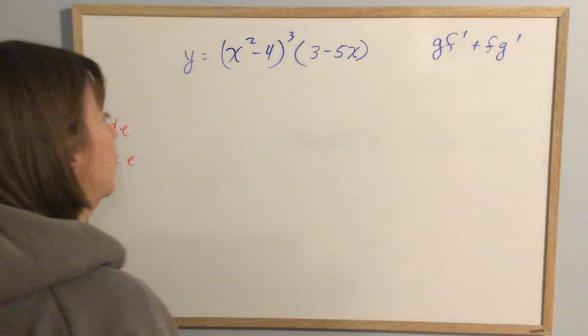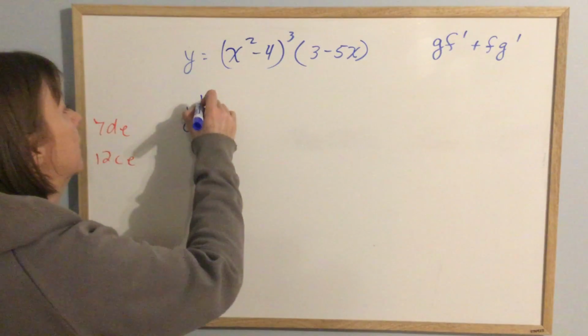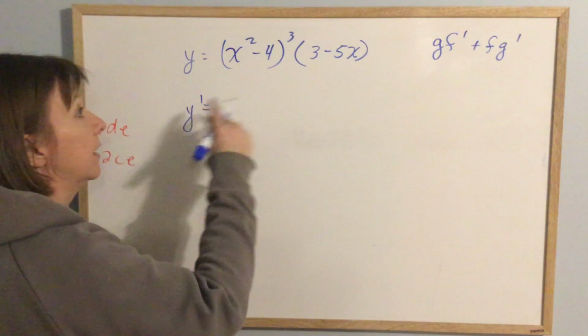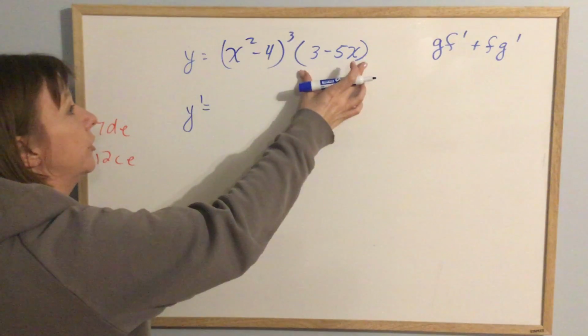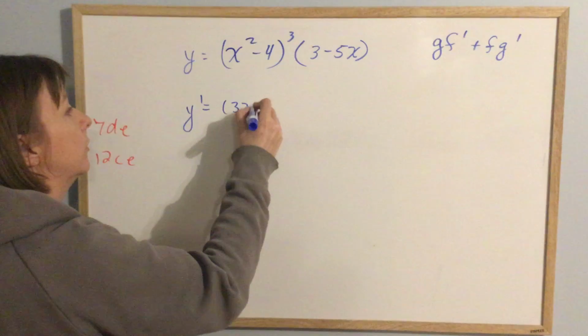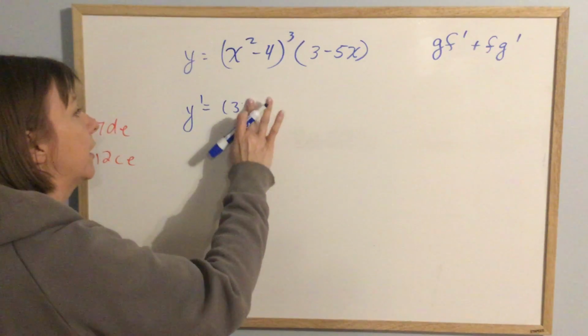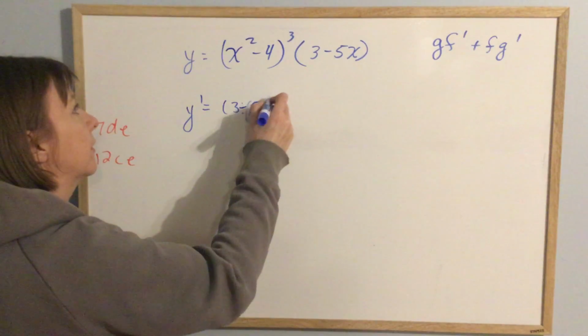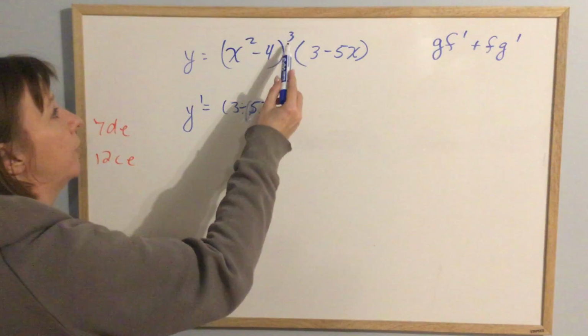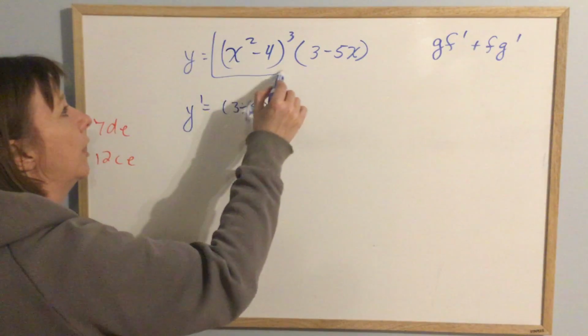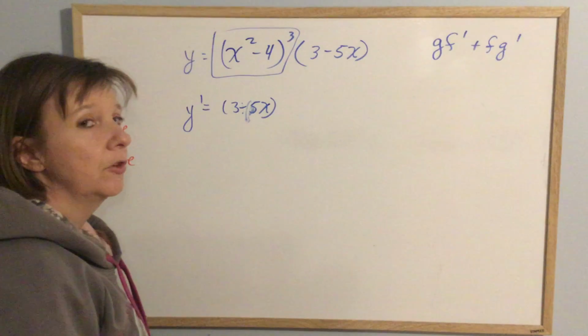So if I was doing this, again, here's f, here's g, leave g alone, 3 minus 5x. And do the derivative of f. But to do the derivative of f, I'm going to have to do the chain rule.